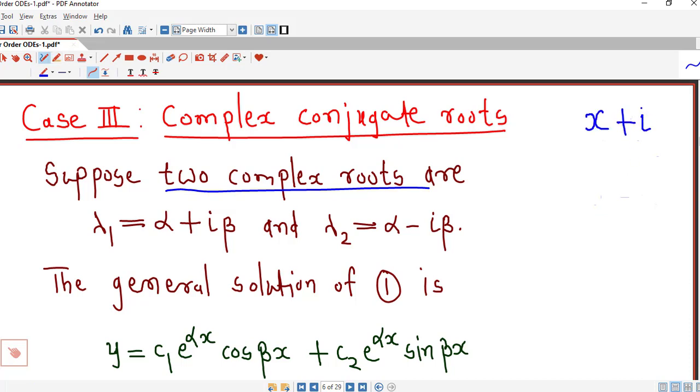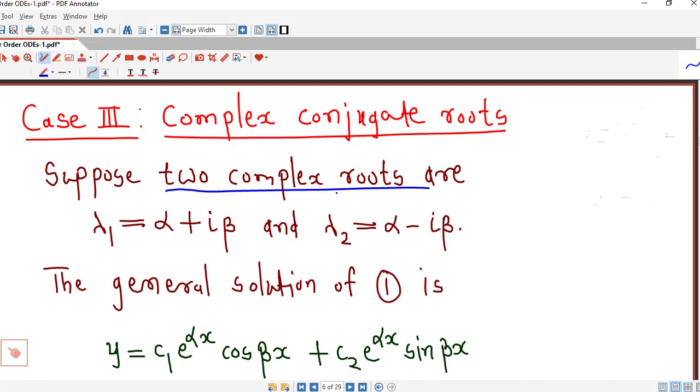If we have x plus iy as a complex number, then this x is called the real part of the complex number, and y is called the imaginary part. So if roots are complex, then they will always be in pair and both the roots will be conjugate of each other.